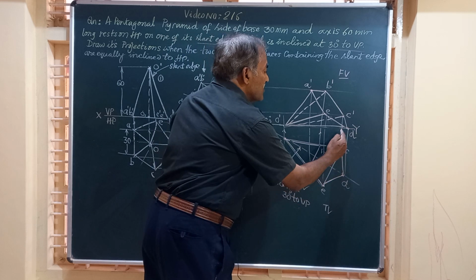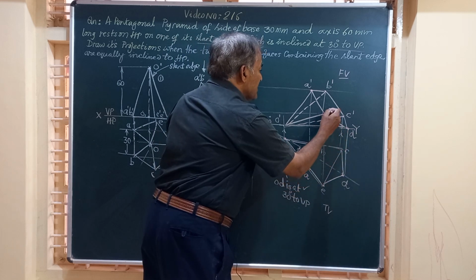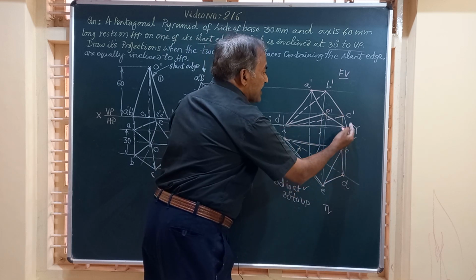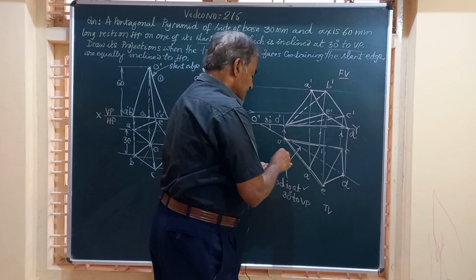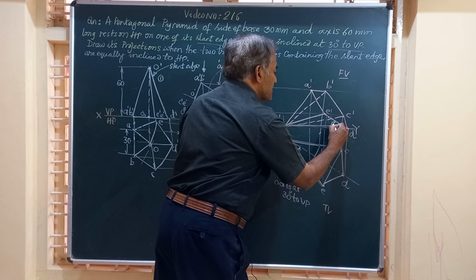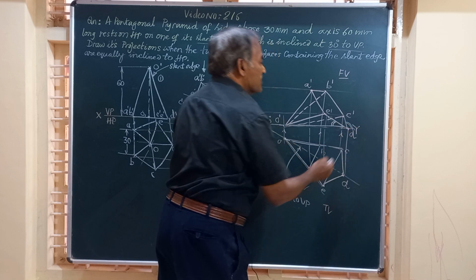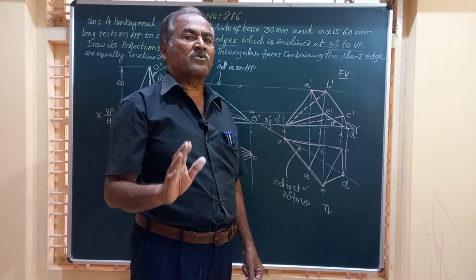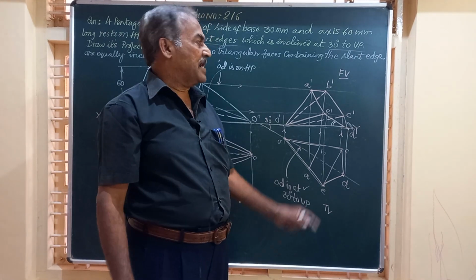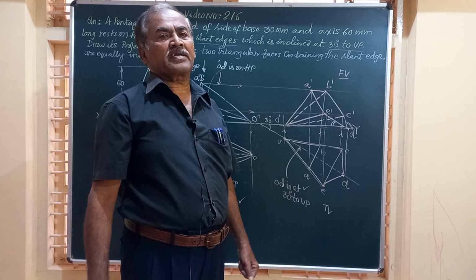We can observe triangles DEO and CDO. They make equal inclination with HP. This is what they have given. So the final views are satisfying all the requirements of the question, and hence the solution is correct.